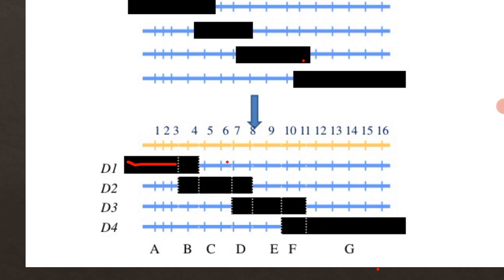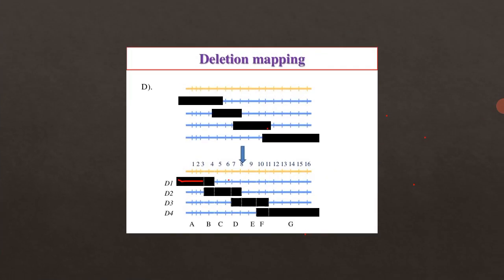The first E will come and then the C will come. Now the sequence will be A, C, E and then B. So like that, the order of the gene can be determined, and that is how we can map the genome with the help of deletion mapping.